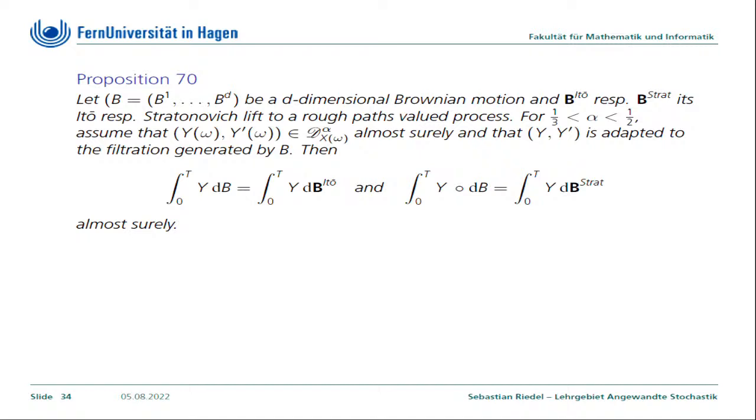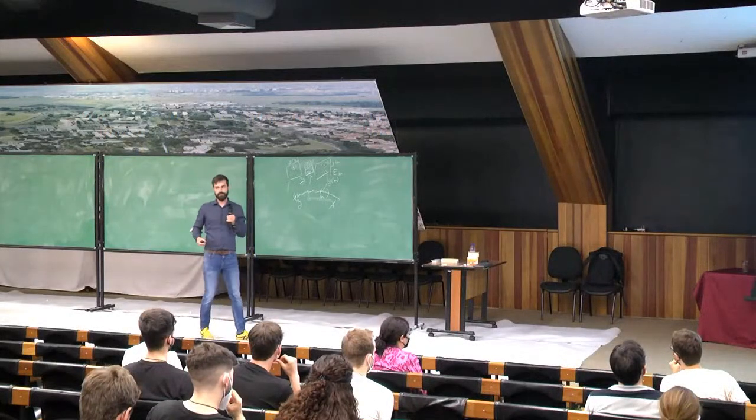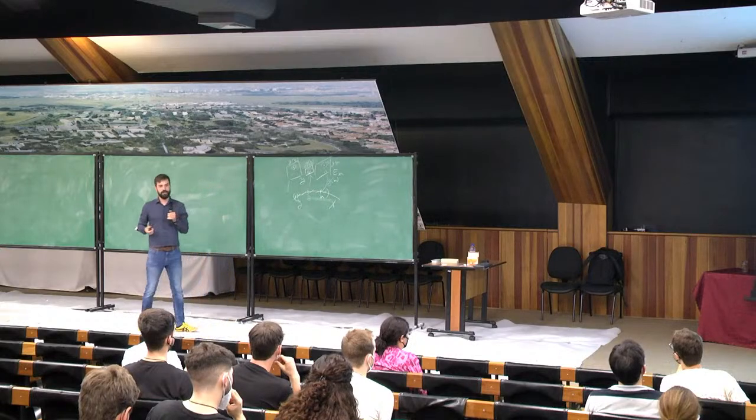The first thing is they have to be controlled almost surely, because I need this, of course, to define the integral in the rough path sense. And for defining the Ito integral, I need that this process is adapted to the filtration generated by the Brownian motion, or more generally adapted to a filtration for which the Brownian motion is a martingale.